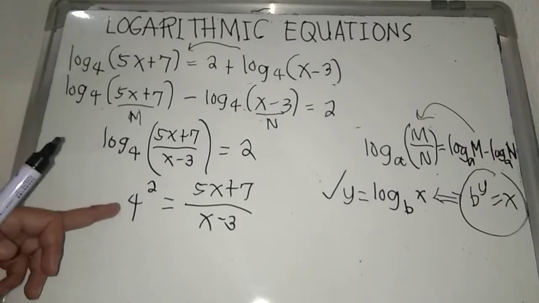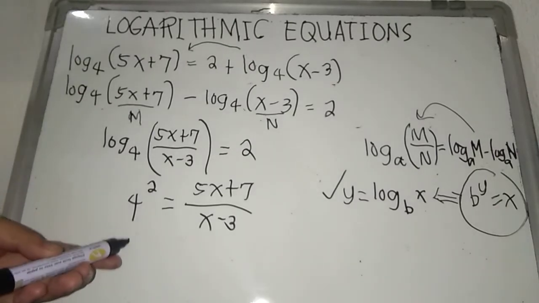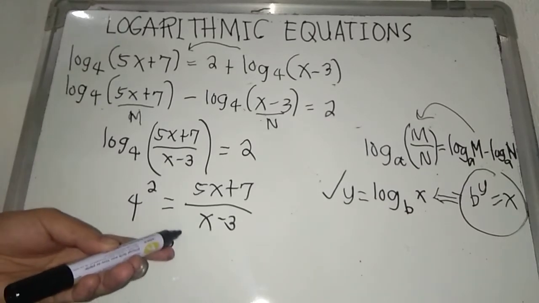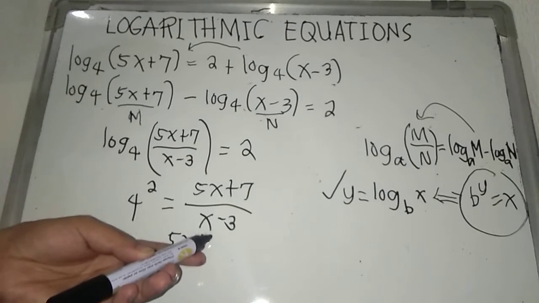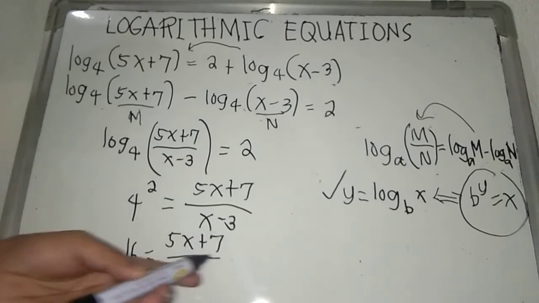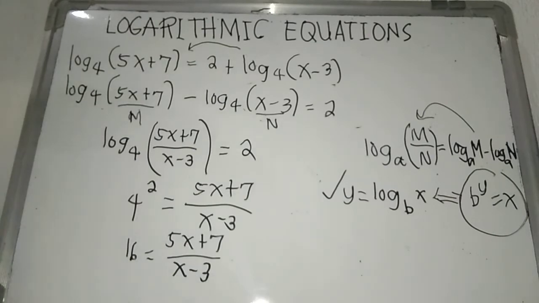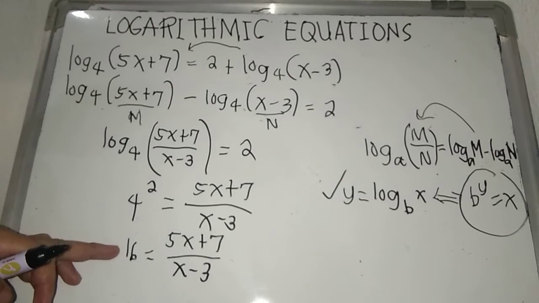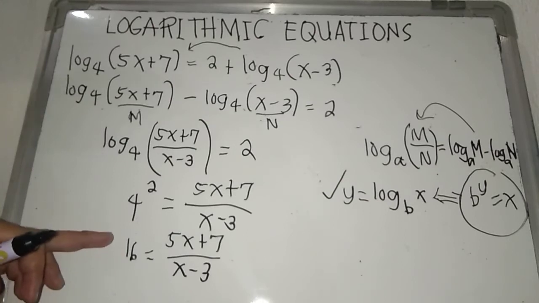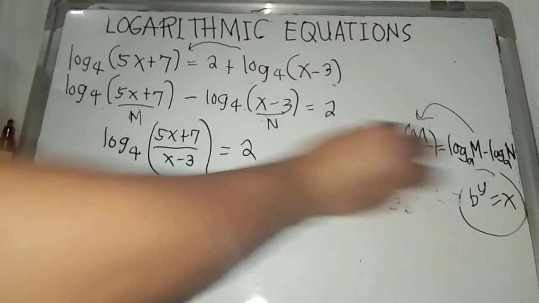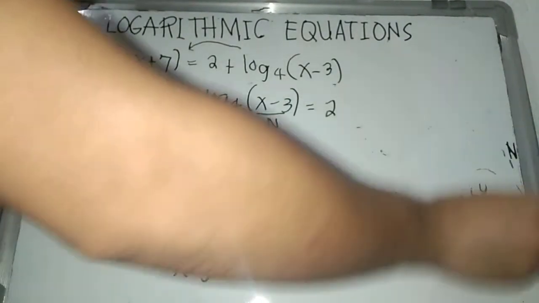So we are going to simplify 4 squared. This is now 16. And then copying, we have 5x plus 7 over x minus 3. And in solving for x, we are going to do the cross multiplication. So we are going to write on this part here.